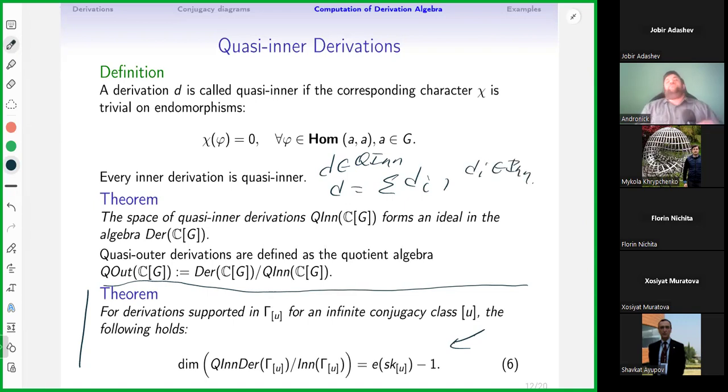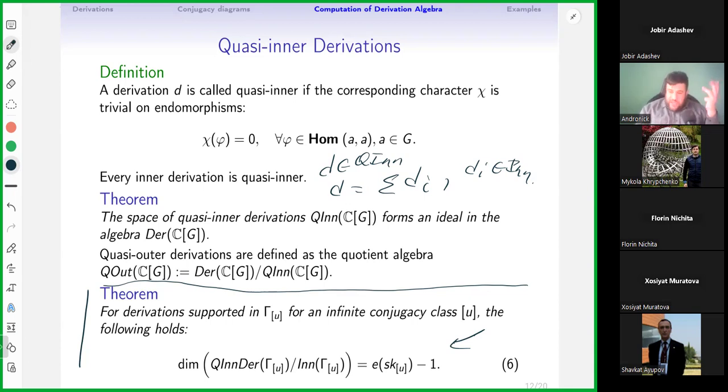Why is this a formal sum? Because you cannot sum this in the group algebra, but you can sum it in the space of all bounded sequences, for example.